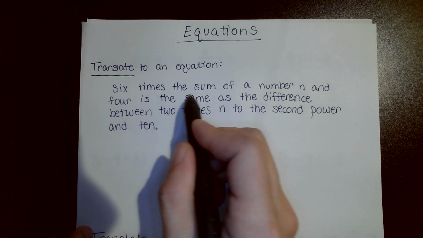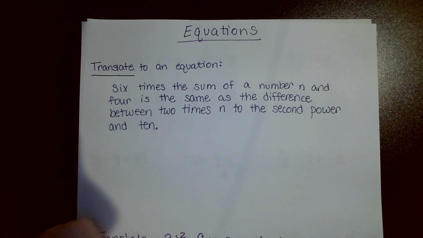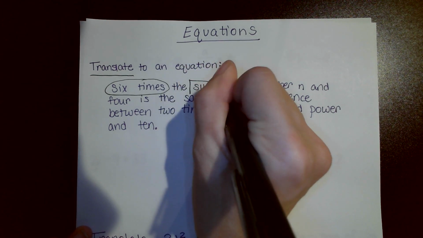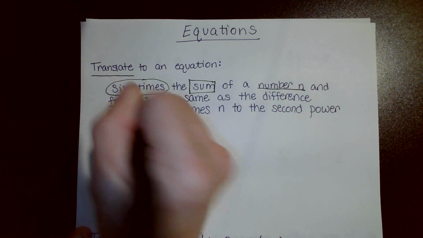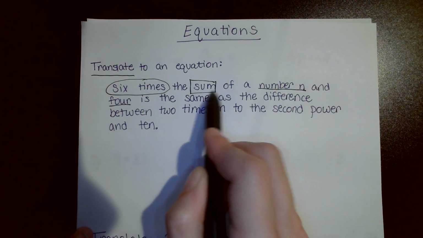So, 6 times the sum of a number n and 4. So that's where I'm going to start. We've got 6 times the sum, and the sum of what? A number n and 4. So I recognize "the sum of."